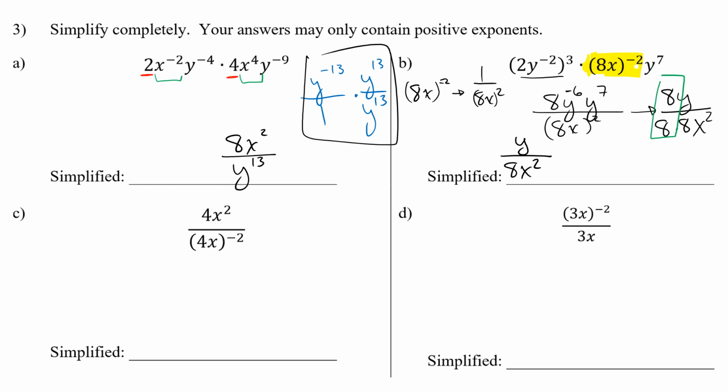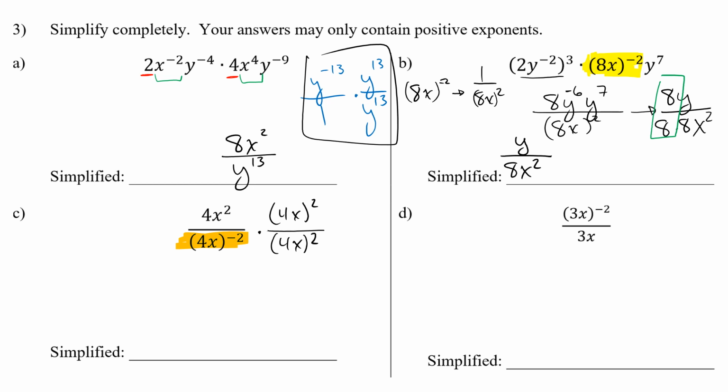In part C, immediately I'm just thinking, you know what, let's just deal with this, right? I'm going to bring this 4x in parentheses to the negative 2nd power. I can write it out. I'm going to multiply by this giant 1 in parentheses, 4x squared over 4x squared.